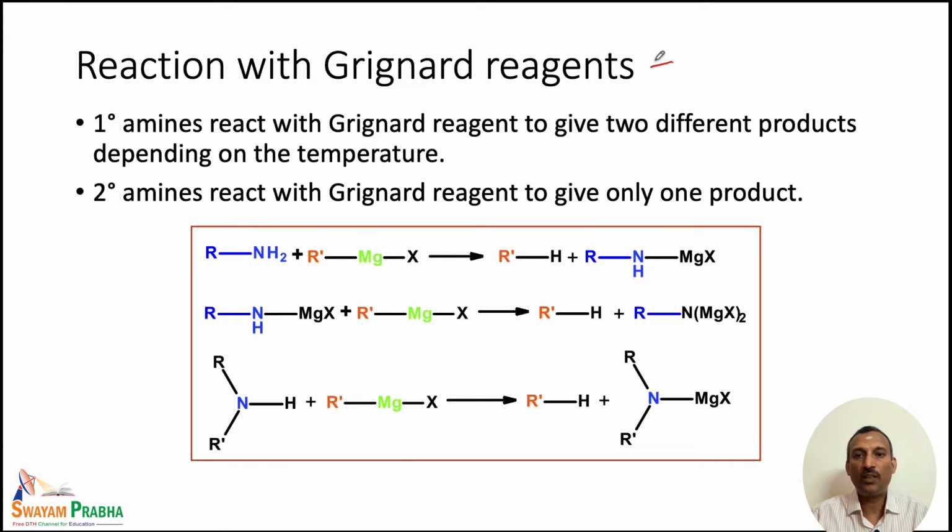The next one is the reaction with Grignard reagents. Primary amine reacts with the Grignard reagent to give alkanes. This is the product which is formed, and one of the hydrogens is replaced by the Grignard reagent. Depending on the temperature, we may get different types of products.